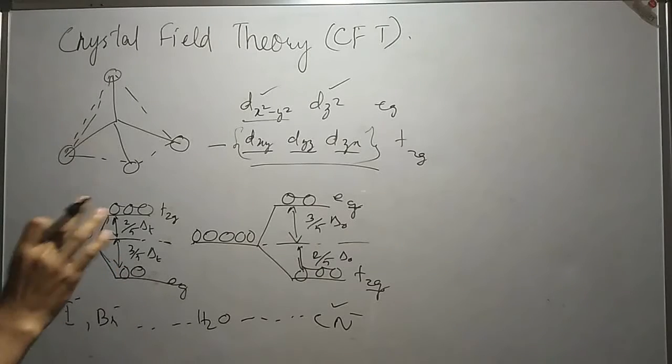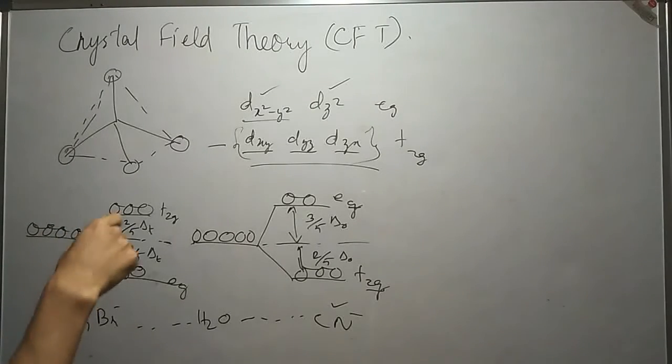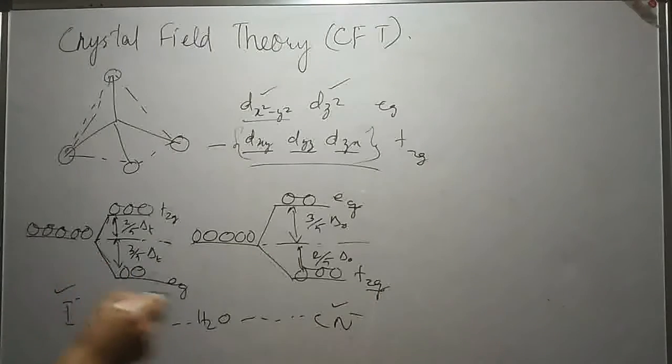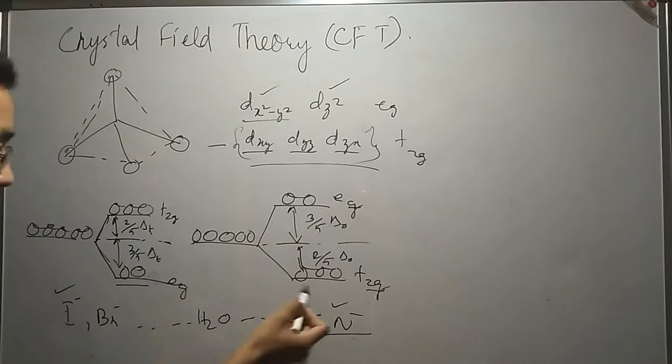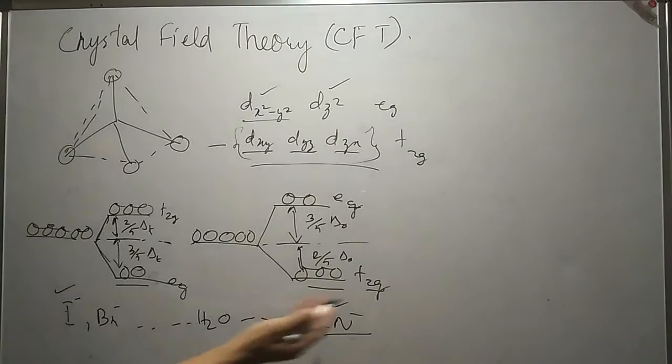Therefore, when we fill the electrons, since this one is a strong field ligand, the electrons will be first filled in the Eg or T2g level, for tetrahedral and octahedral respectively.